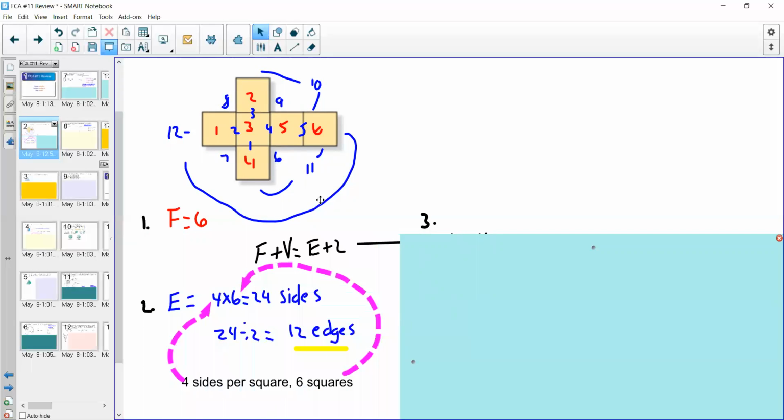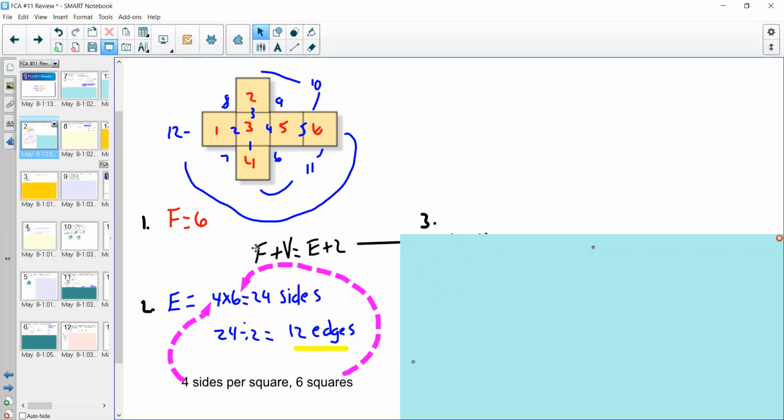In this case, we're dealing with squares as opposed to octagons or something like that. So a square has 4 sides, and we have 6 faces, so 4 times 6 is 24. We have a total of 24 sides. Then we pair them up because 2 sides make an edge. So 24 divided by 2 is 12. So there's 12 edges.